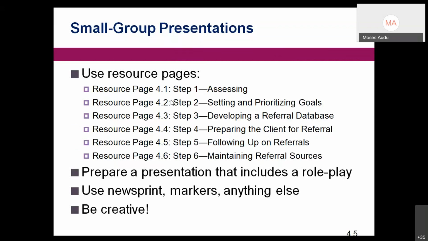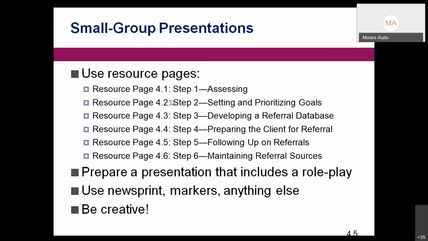So these are the resource pages. For instance, the first one has to do with assessment, which is resource 4.1. Then the second one, 4.2, setting and prioritizing goals. And 4.3, developing a referral database.